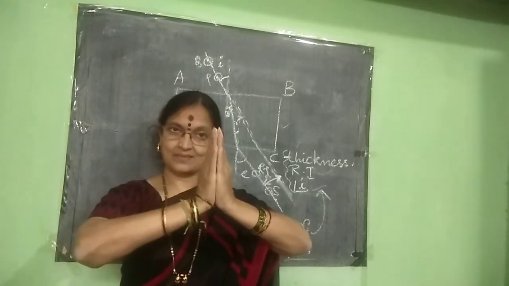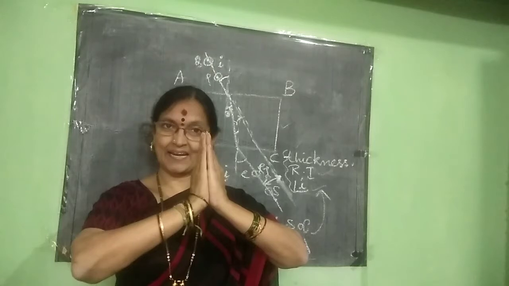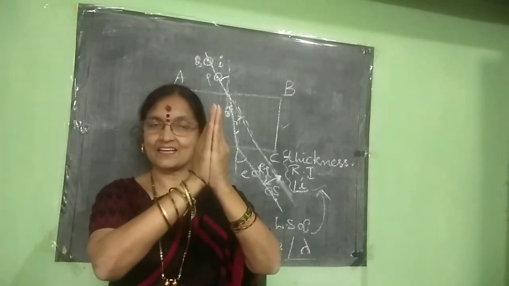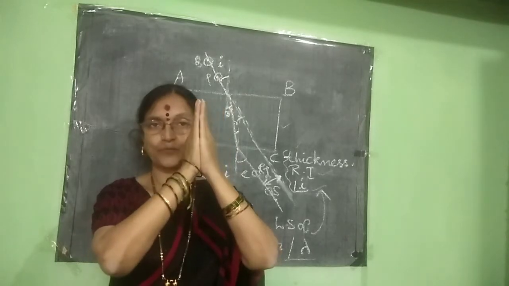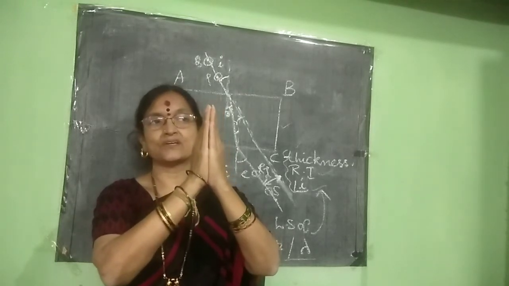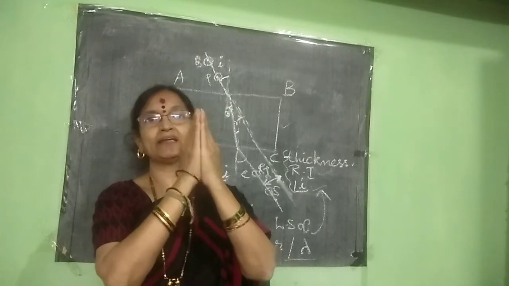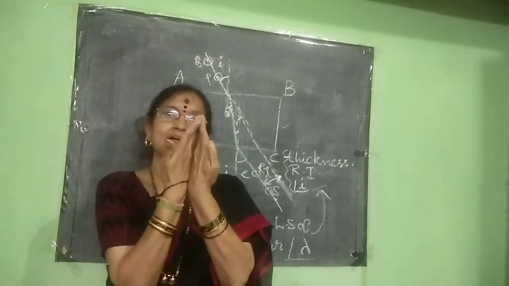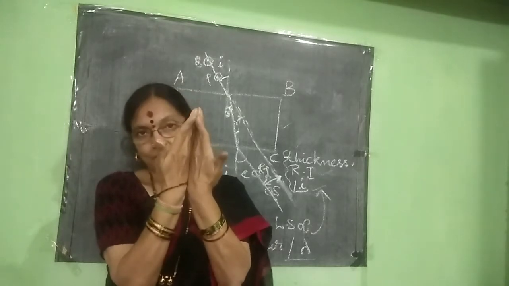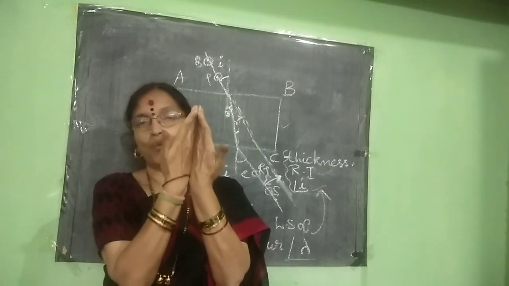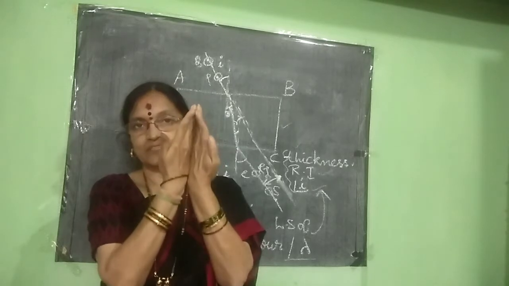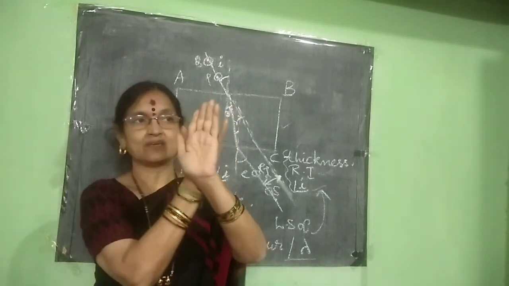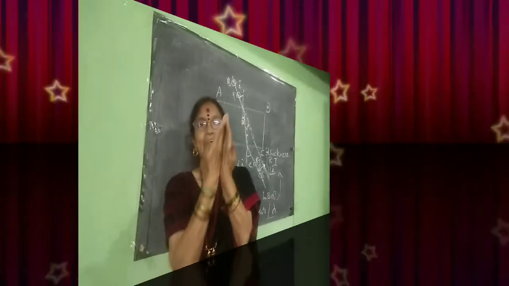So this is one kind of optical transparent medium, the convex lens. Just turn these two hands like this, and this is known as the concave lens. So the other two optical devices we are going to learn are the spherical lenses: one is the convex lens, the other is the concave lens.